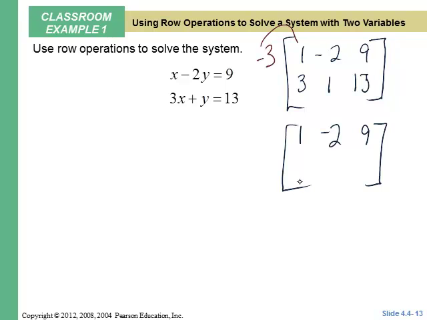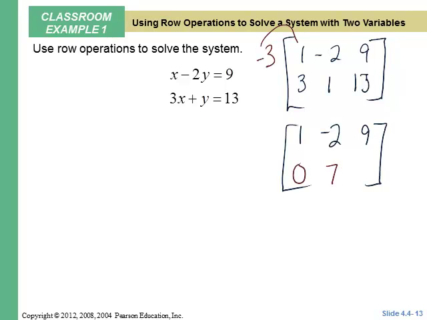Negative 3 times 1 is negative 3, add 3 is 0. Negative 3 times negative 2 is positive 6, add 1 is positive 7.